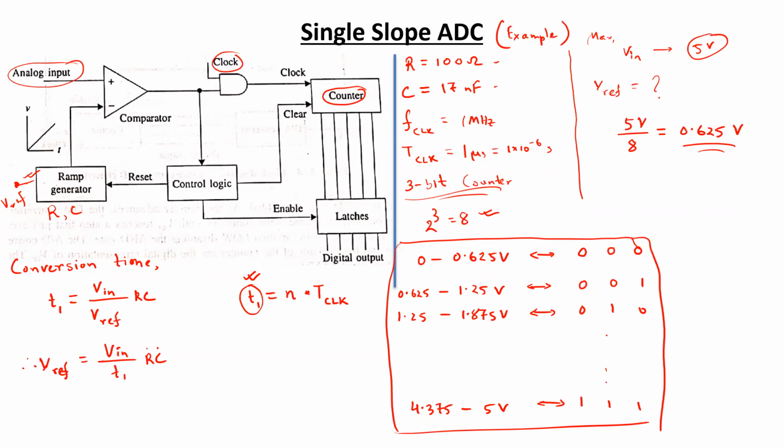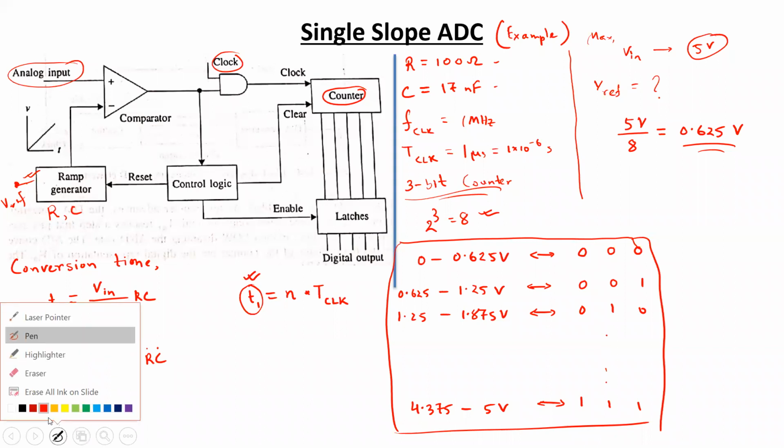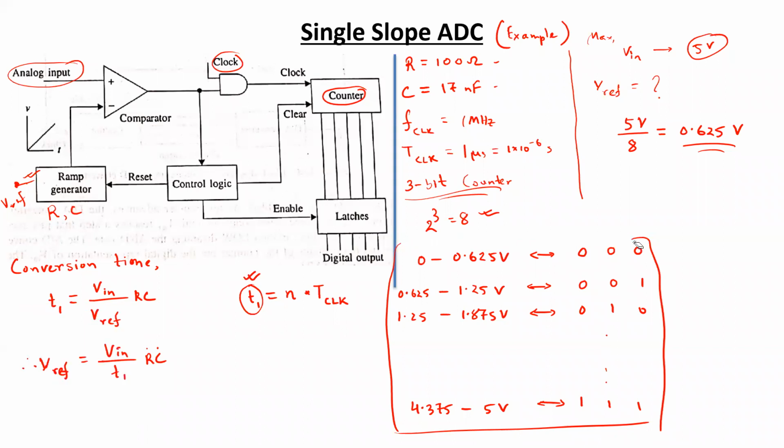So in determining the reference voltage, we can consider any one of the sequences or any one of the quantized states and proceed by determining what should be the value of T1 and V in for that particular quantization state.